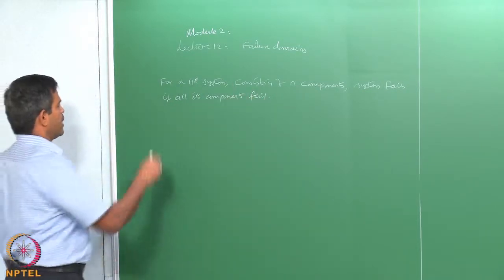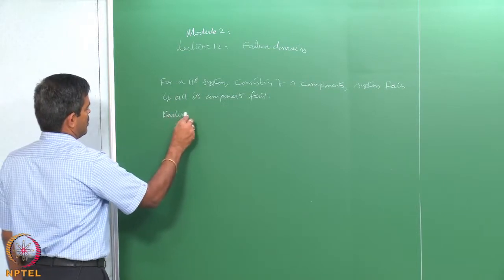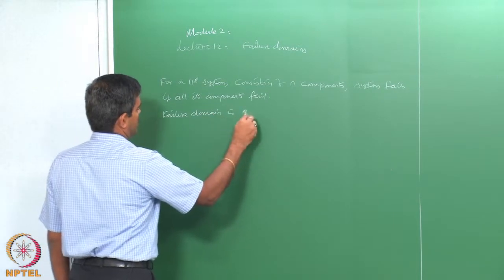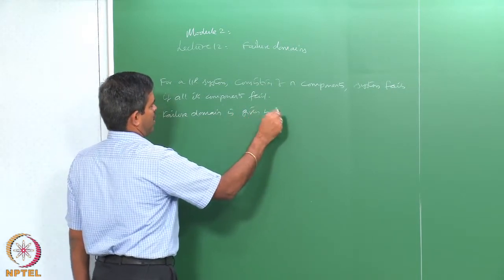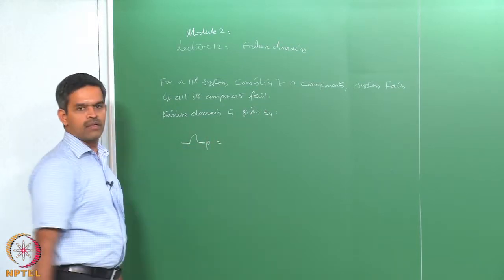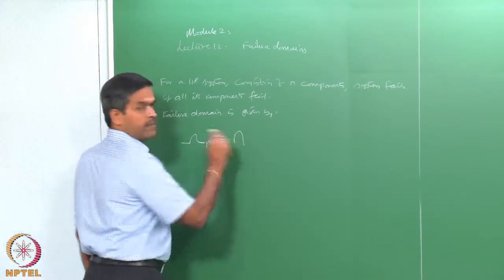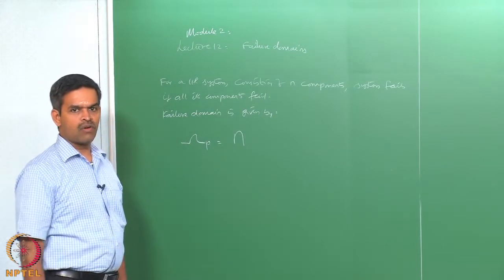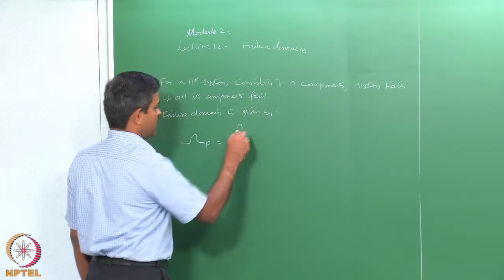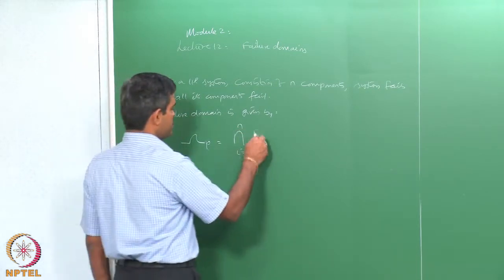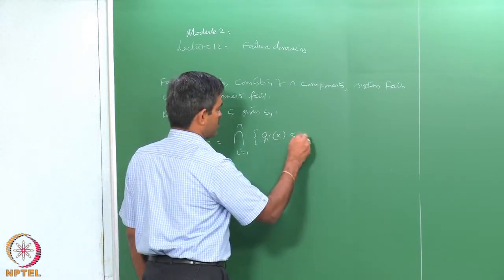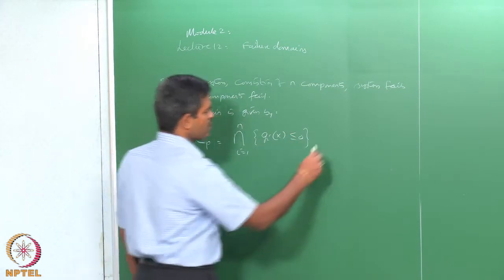Therefore, the failure domain, as we saw in the last lecture, for a parallel system, is actually the intersection of the component failure domains, i equals 1 to n, n is the number of components, Gi(x) less than or equal to 0. That is the equation.